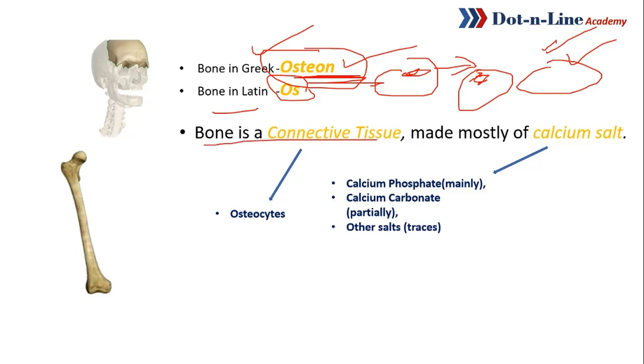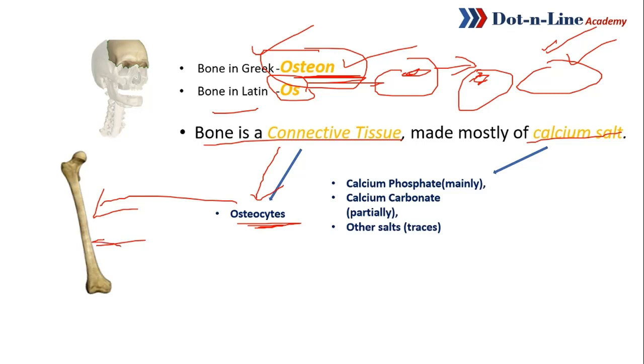Bone is a connective tissue. Like other connective tissue such as blood, bone is also a connective tissue, made up of units called osteocytes, and made mostly of calcium salt. The calcium salt is abundantly deposited in bone.